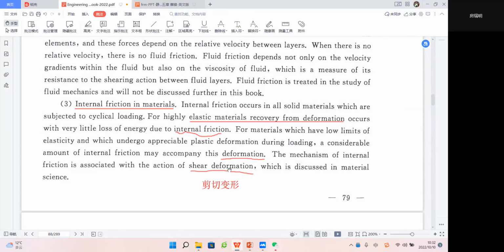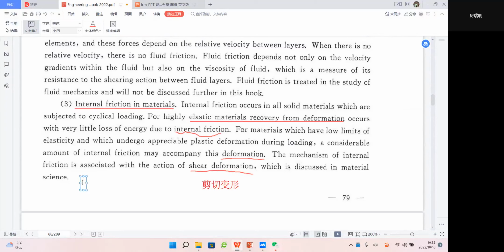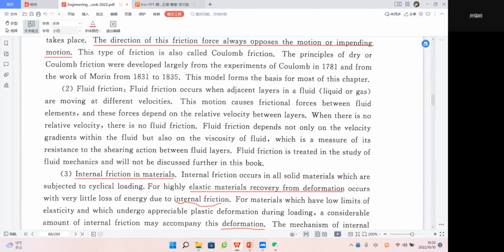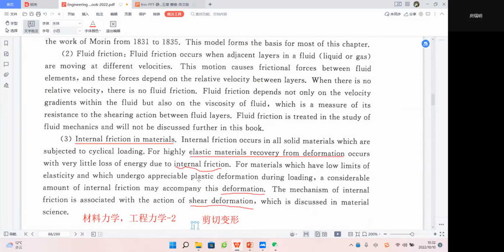So we call that shear deformation. This is discussed in material science, which we will talk about next semester. We call that 材料力学, or engineering mechanics 2. This semester we are learning engineering mechanics 1. Material science will be engineering mechanics 2nd, right? So anyway, you guys only need to have some basic concept, that is enough.